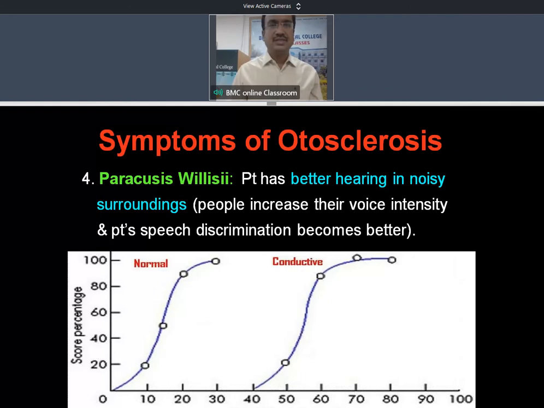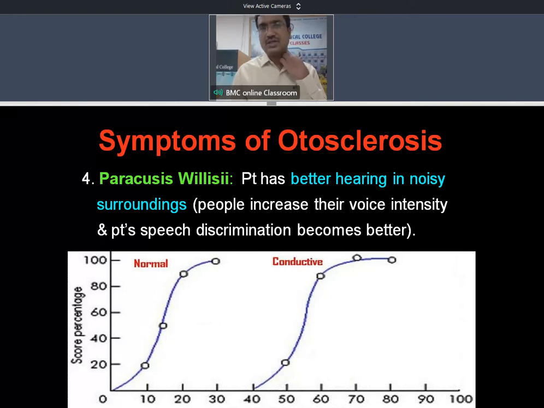So one more symptom is paracusis willisii. So this is nothing but the patient with otosclerosis is able to hear better in noisy surroundings compared to calm surroundings. Because in noisy surroundings, the people who are talking will speak loudly.